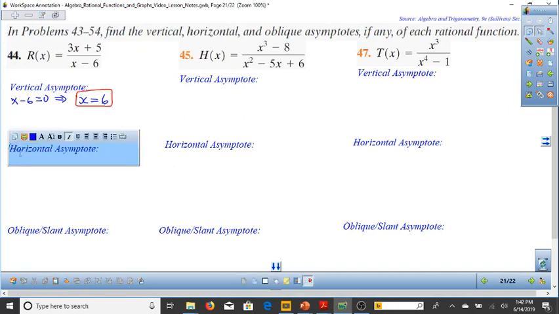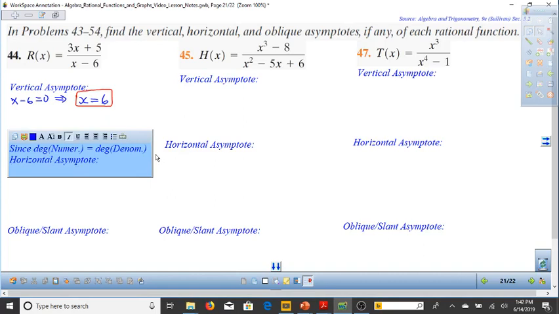So I'm going to do a little writing here. I'm going to say, since the degree numerator equals degree denominator, just for shorthand. So what I'm saying here is the degree of the numerator is equal to the degree of the denominator.